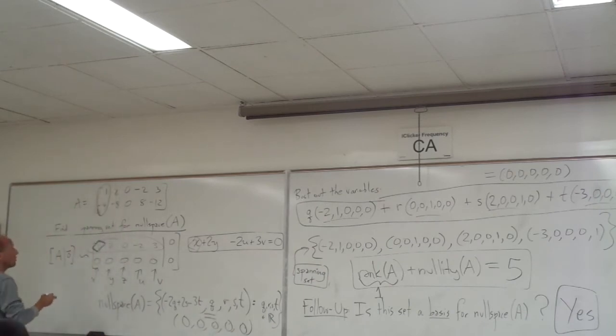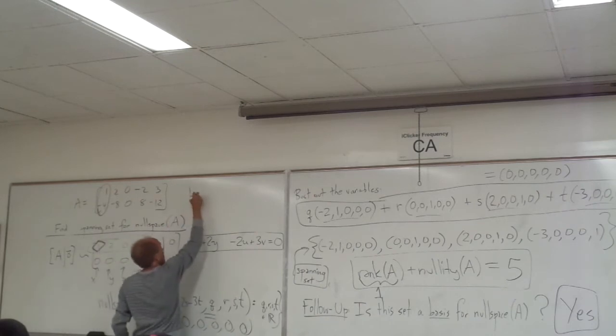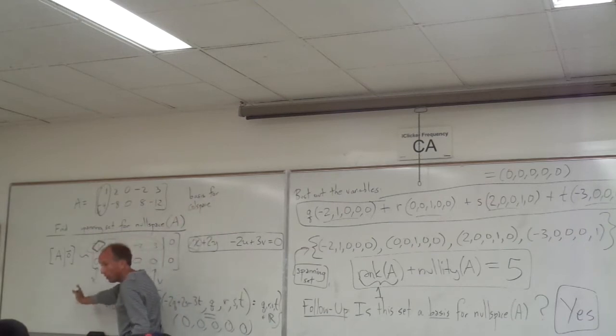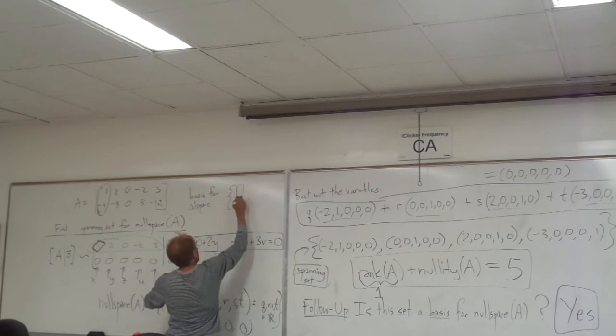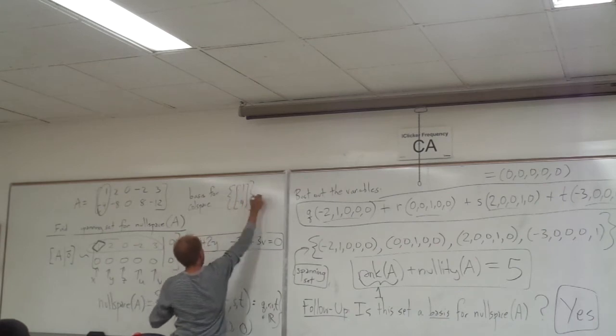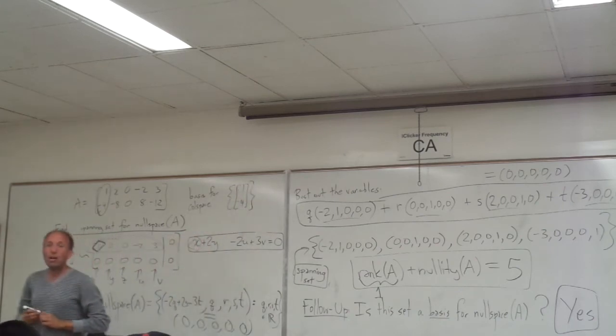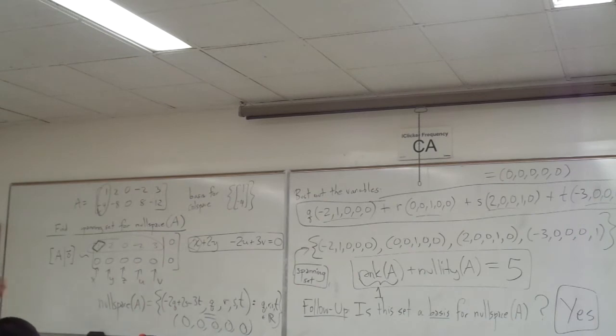So if I asked you for a basis for the column space, I would not want to give the answer as being 1, 0. I would want to give the answer as being 1, -4. That would be a correct answer. And it's one-dimensional. All columns are just multiples of the first column in that matrix.